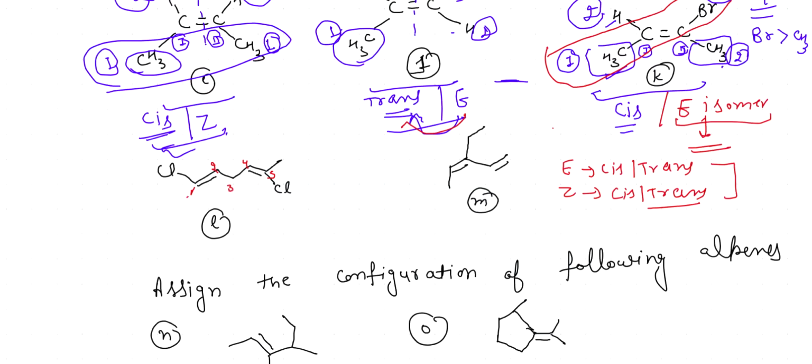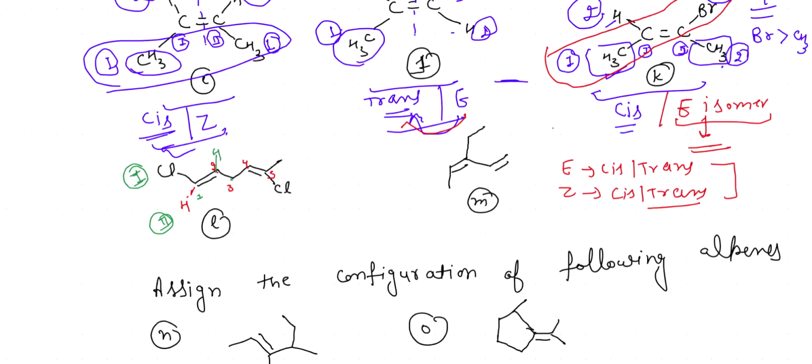Here is your hydrogen atom. So for carbon number 1, the high priority group is chlorine, as hydrogen has atomic number 1. For carbon number 2, here is your hydrogen atom, and one group is linked to the carbon chain.